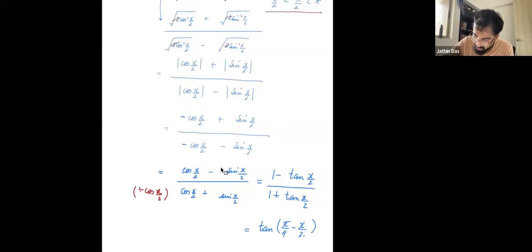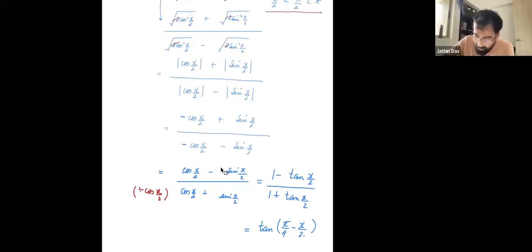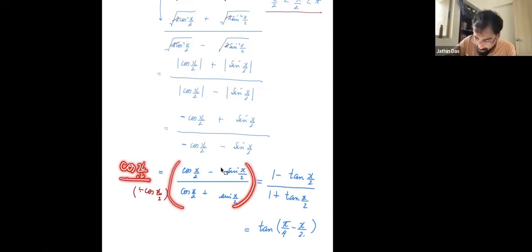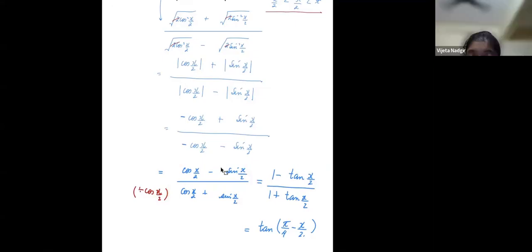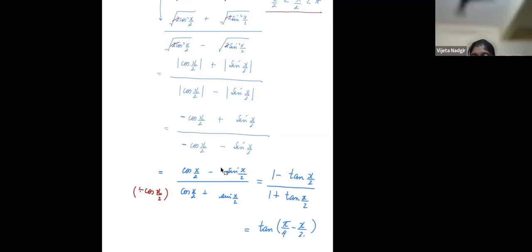A doubt. In that second last step, cos x by 2 minus sin x by 2 over cos x by 2 plus sin x by 2, can we multiply and divide with cos x by 2 minus sin x by 2? Multiply by what? In the numerator, can we multiply and divide?